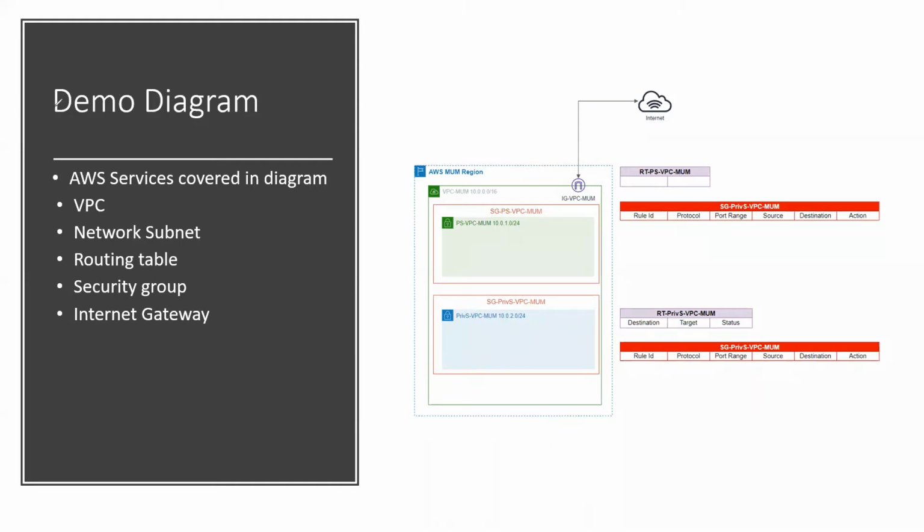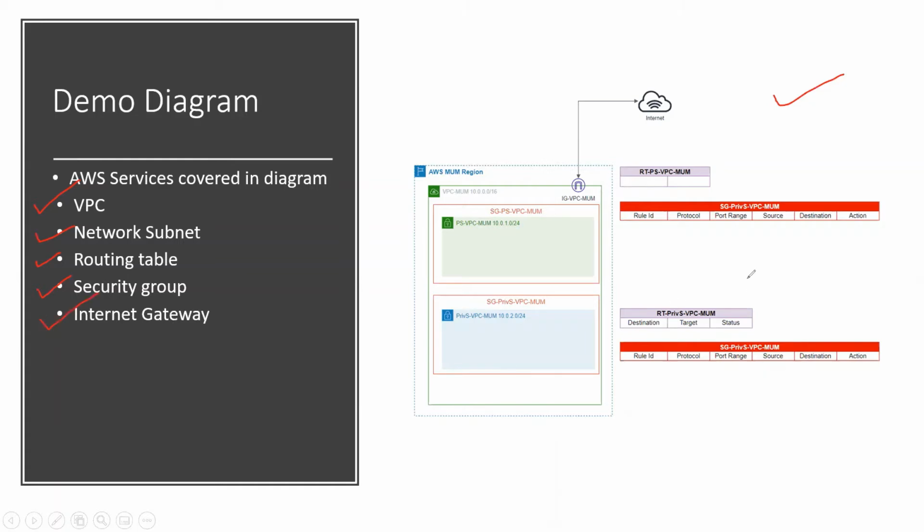We will cover the AWS services in the diagram, like the VPC, the AWS region, the network subnets, and routing tables, the virtual firewall, which is called security group, and access to the internet gateway.